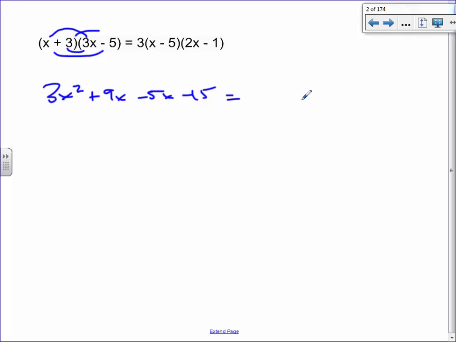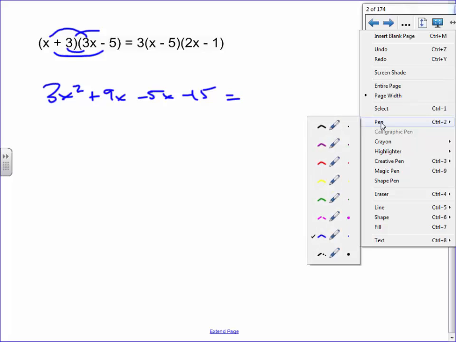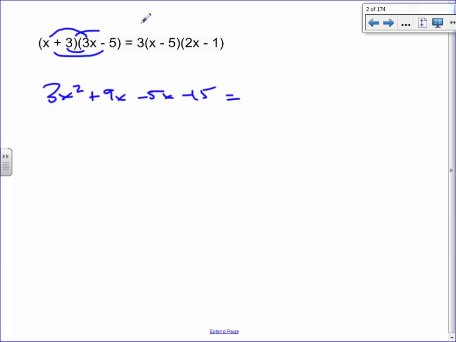You guys are okay handling that? Stop me if I lose you, right? It depends on your strategy for how to deal with this side right here. My personal strategy, I'm going to hold off on the 3 until I'm done, and then I'll triple it. You can do it whichever way you like.